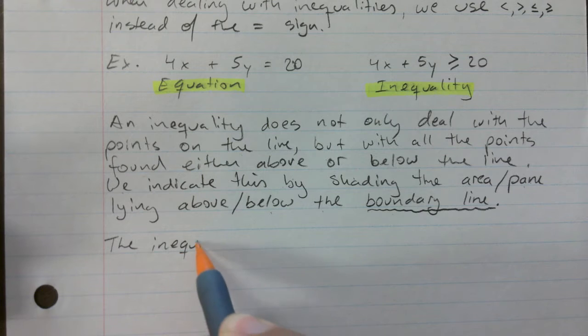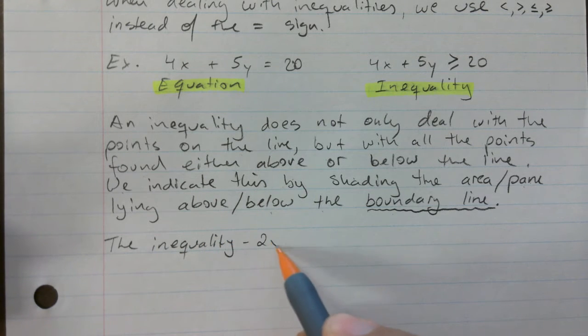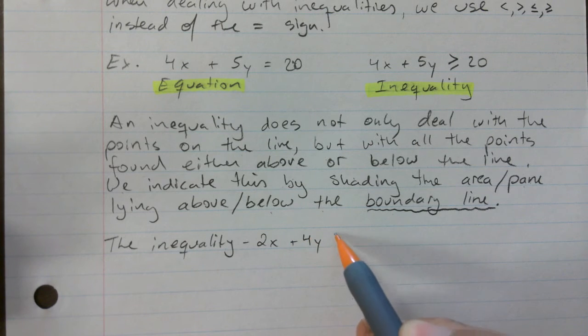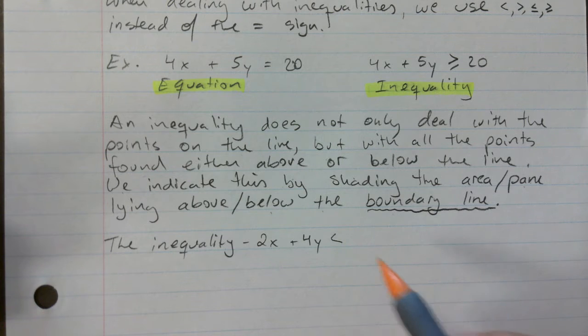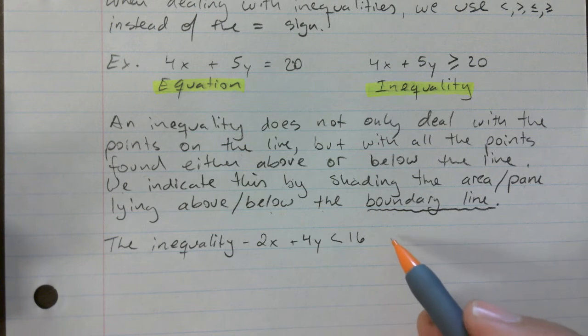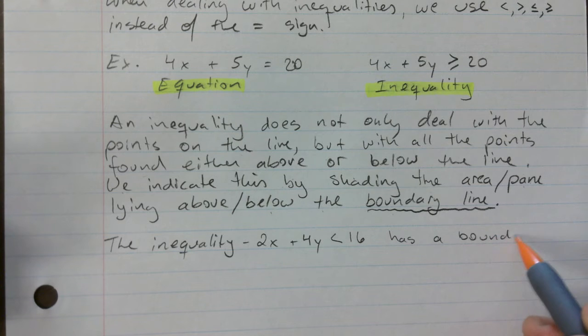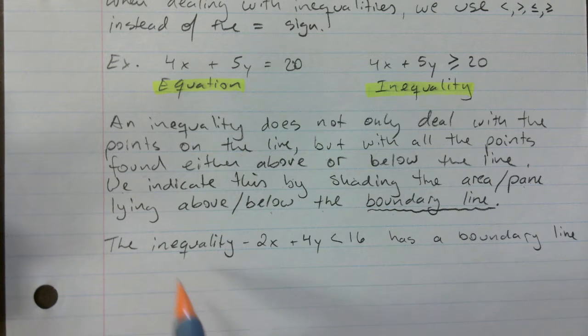The inequality negative 2x. So they almost look like linear equations, except they always have the less than or greater than, right? The inequality negative 2x plus 4y is less than 16 has a boundary line of, and here it is, negative 2x.